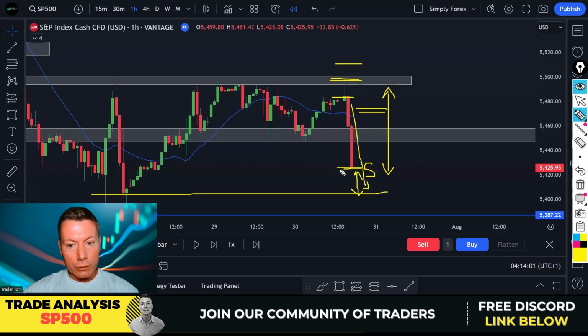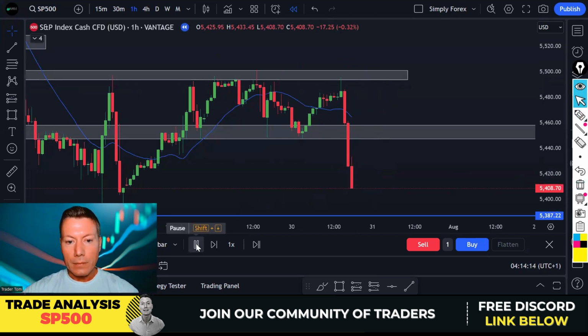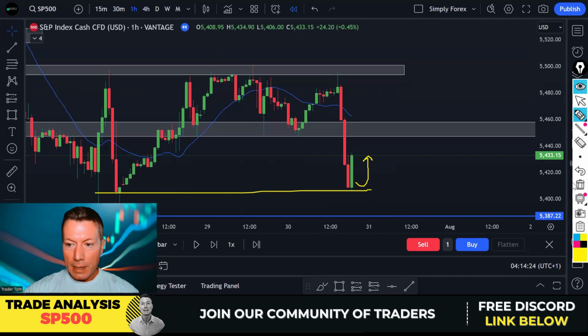Whereas the conservative trader that's been waiting for this structure break doesn't even have a trade. So I'm just showing you the pros and cons of both, guys. And as you can see, if we carry this on, price comes down and hits those last lows there. And then we start seeing a nice bullish reaction back up. All right, guys, so that was the S&P from yesterday.